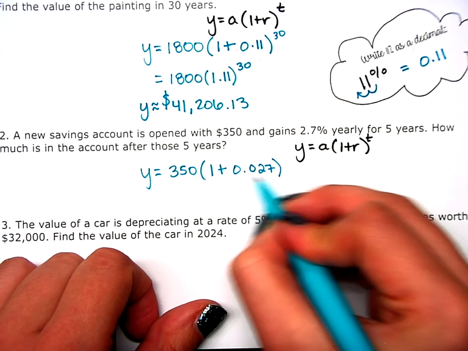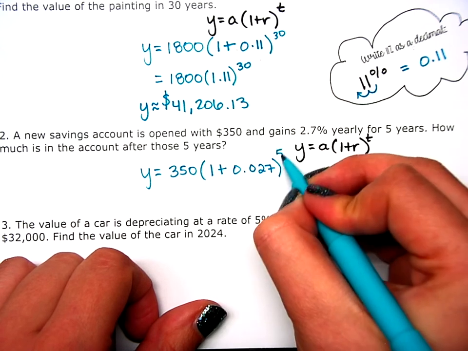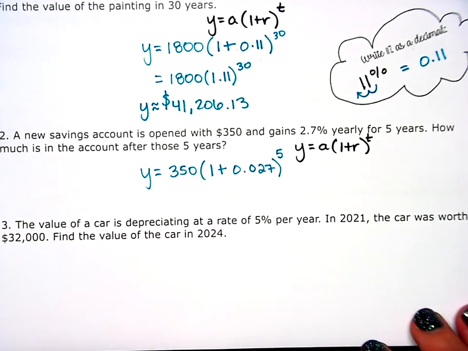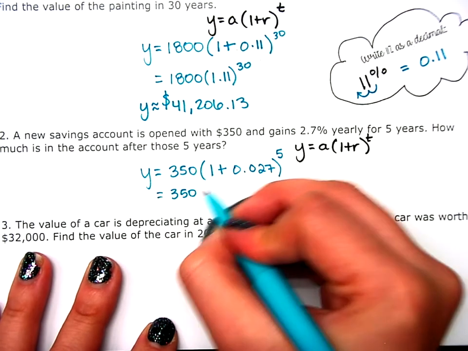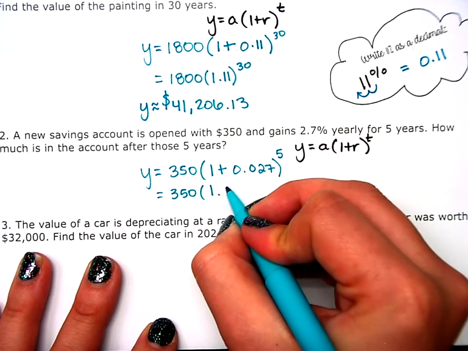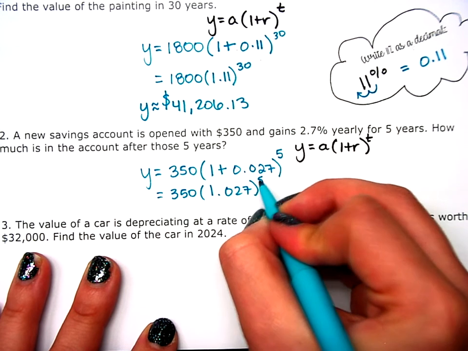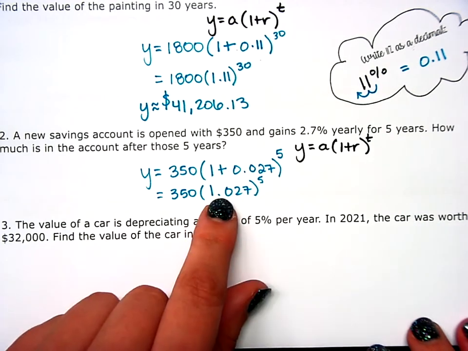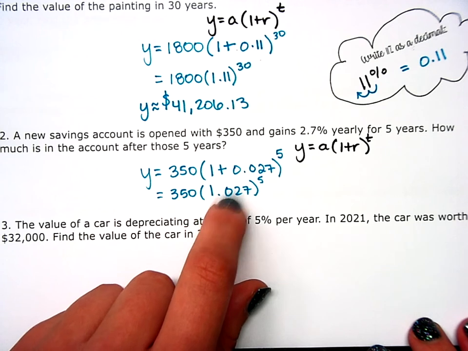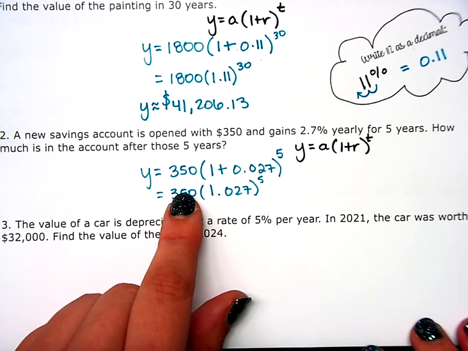That's 2.7% as a decimal. And then raised to the 5th power because it's after 5 years. So again, I'm going to rewrite this one more time so we can easily plug this into our calculator. I just added these two numbers together in the parentheses. So 1.027 raised to the 5th power, and then times 350.